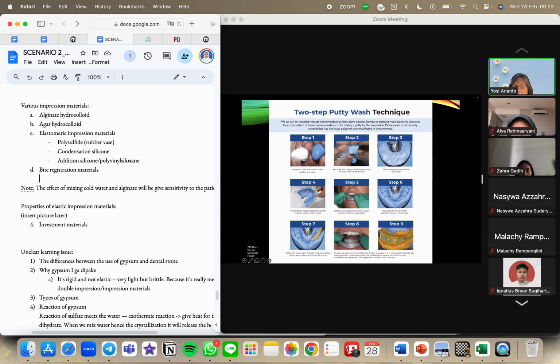That's what we have. The blue one is from this one, and the yellow one is from this one. So you have a nice impression of the tooth. This one is the vestibulum. The teeth are very detailed in reproduction. Very nice. Okay.